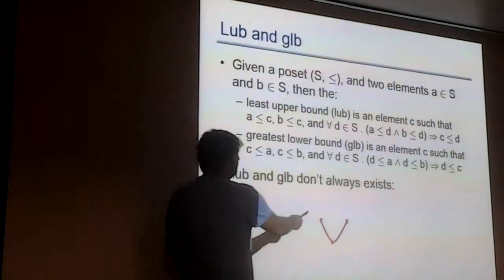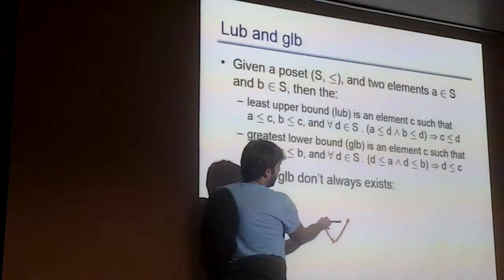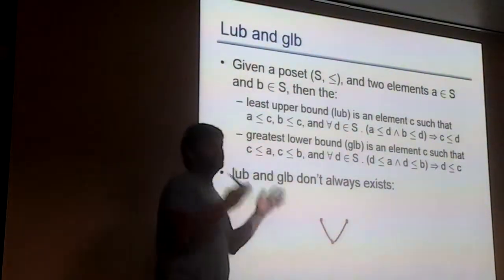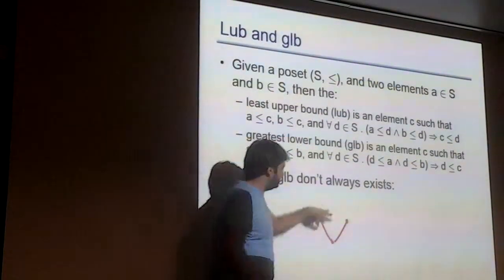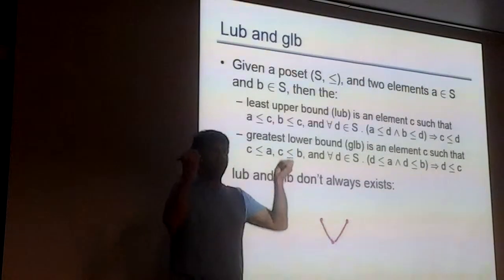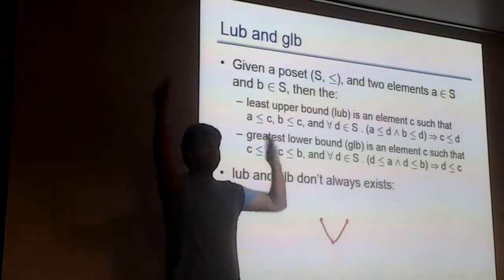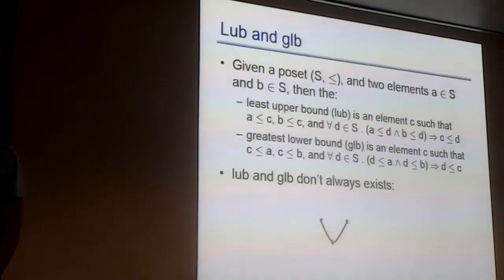If I ask what's the greatest lower bound, it is this one. What's the least upper bound? There is no upper bound. In some sense, these two elements are local maxima; there's nothing that supersedes both of them. For a variety of reasons, it's annoying when these lubs and glbs don't exist.